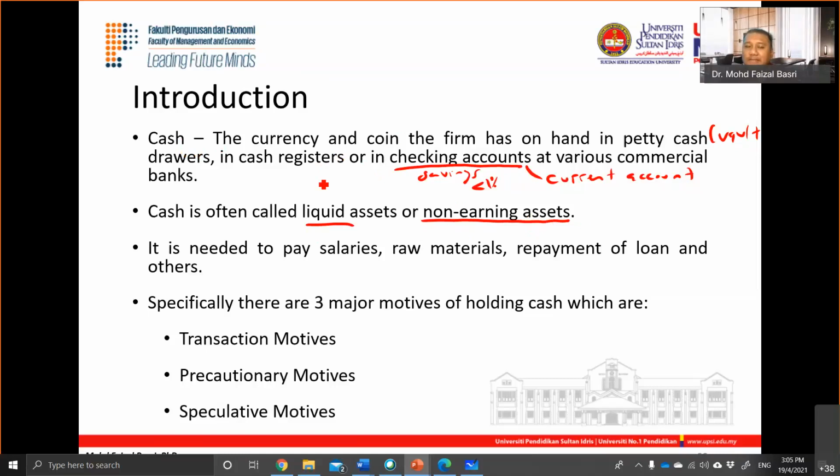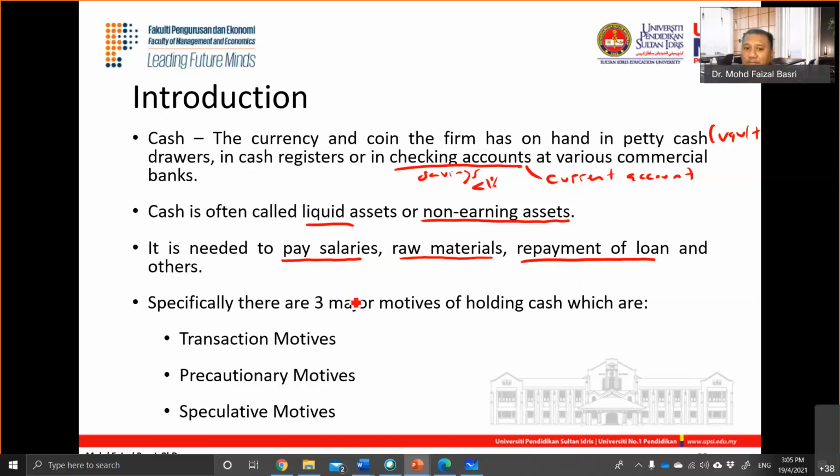Okay, and these assets are really important, even though they are non-earning assets, because of these reasons. Obviously you need to pay salaries to your workers, to pay your suppliers for raw materials. If you have loans, to pay loans, you need to have cash and any other matters lah.